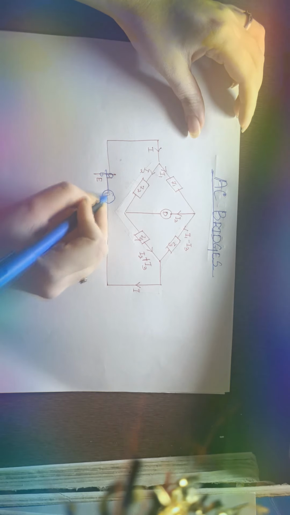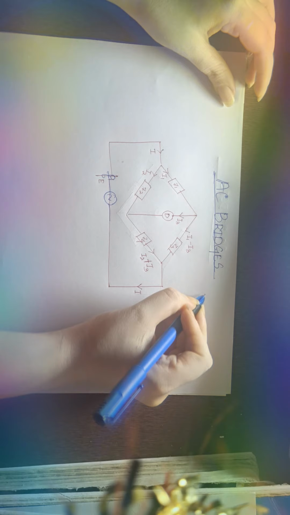So AC bridges, definitely this implies that this will be supplied with an AC source, and the bridge looks like this. And as it is an AC circuit, the term impedance comes into the picture.